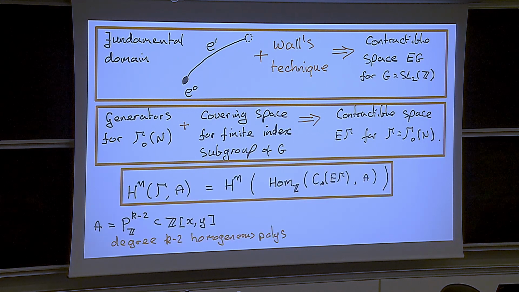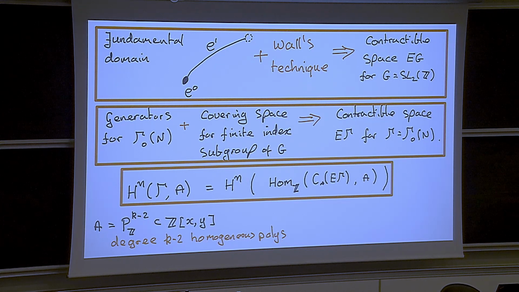What we're interested in is n equal to 1, really, the first homology of the group Gamma_0(n) with coefficients in a module. So what that means is you build your free resolution, you take your module, and you look at the homomorphisms, and Bettina went through this yesterday, from this resolution to the module. You build a chain complex, and you take the first homology.